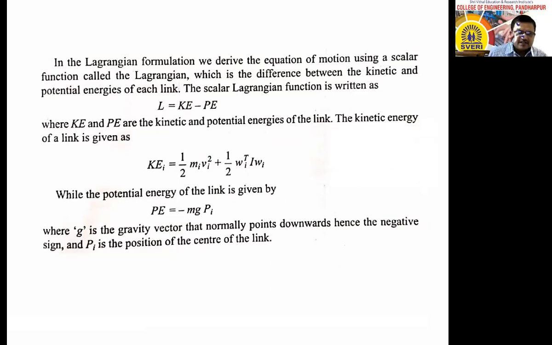The kinetic energy of a link is given by Ke equals 1/2 Mi Vi squared plus 1/2 Wi transpose I Wi, while the potential energy of the link is given by Pe equals minus m g transpose Pi, where g is the gravity vector that normally points downwards, hence the negative, and Pi is the position of the center of the link.